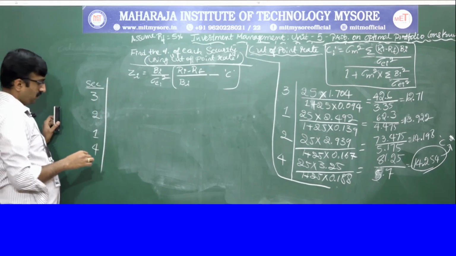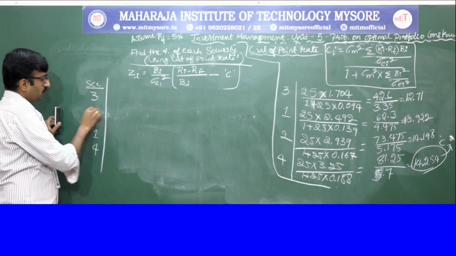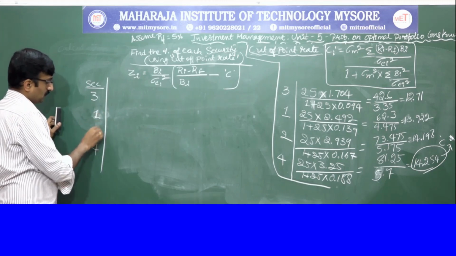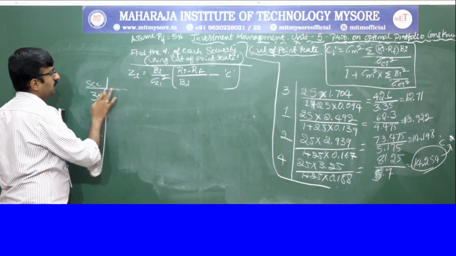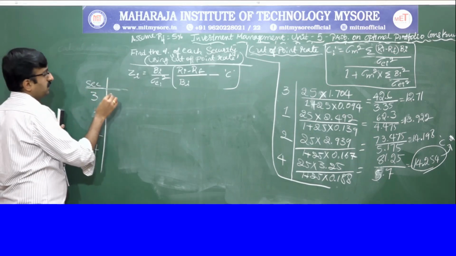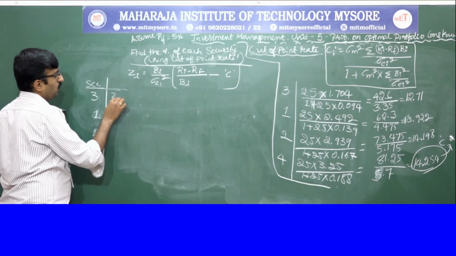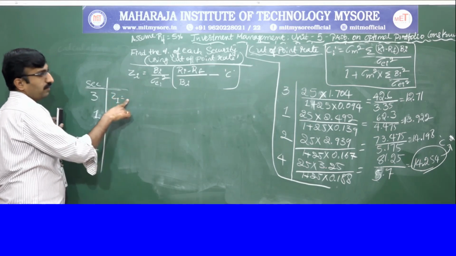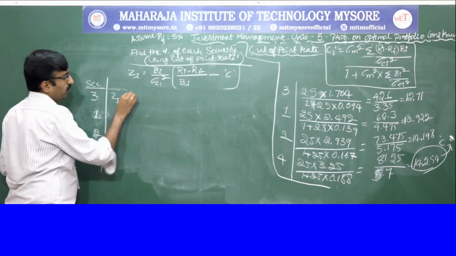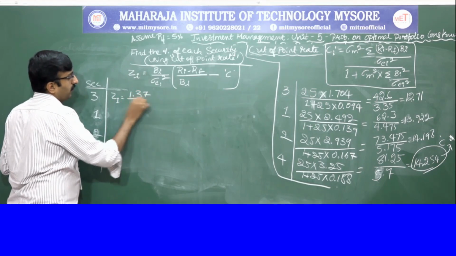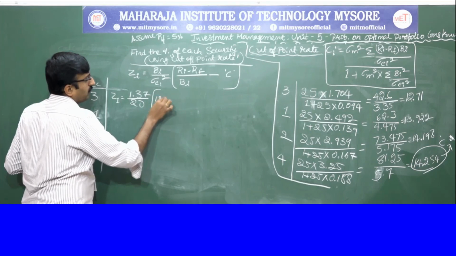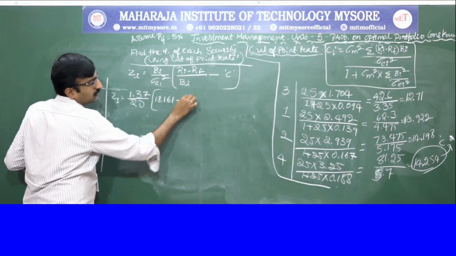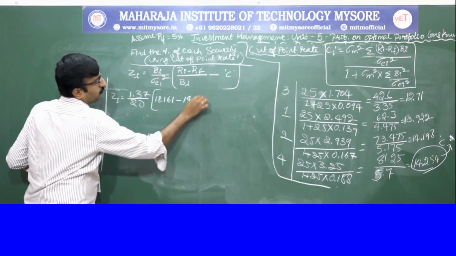Then apply the formula. Z1 is equal to, already we got it, 1.37 divided by 20, into 18.161 minus 14.254.